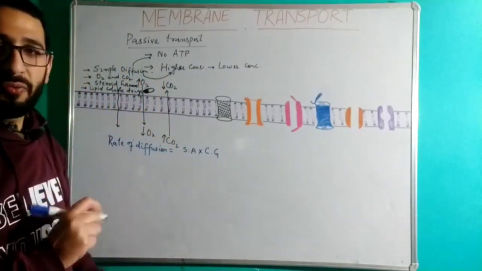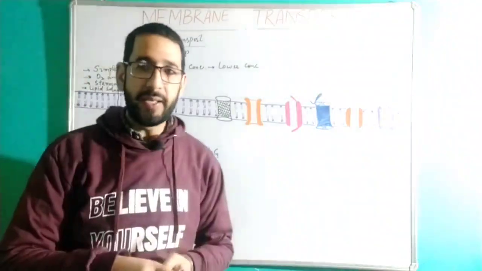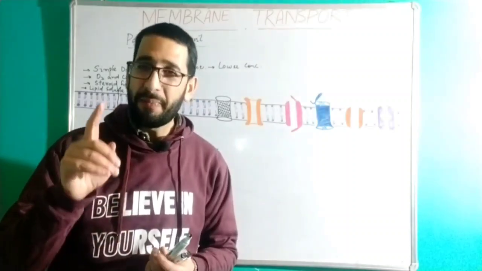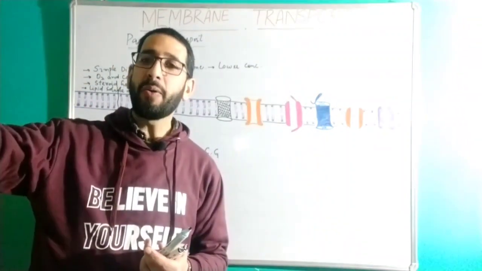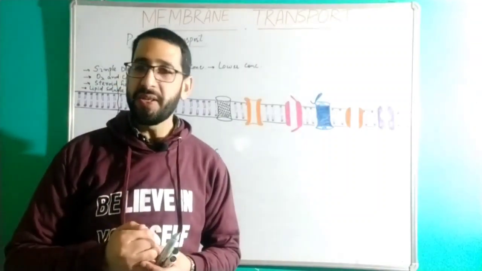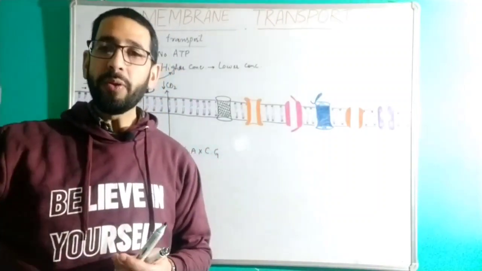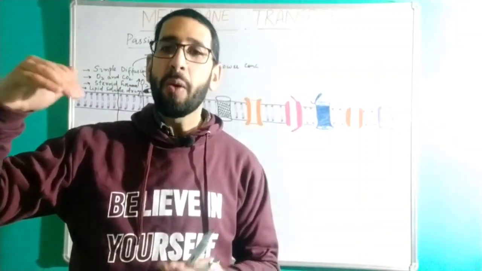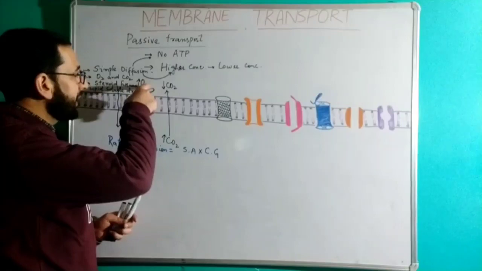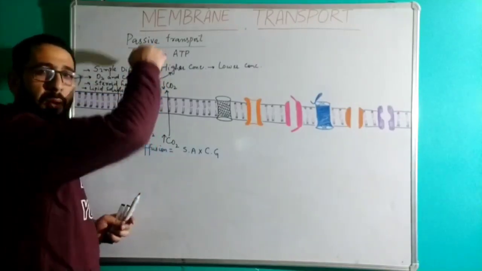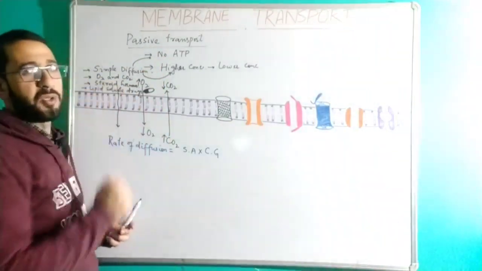Concentration gradient, we have already talked about it, because in passive transport we are transporting the substances from higher concentration to lower concentration, and definitely the more the concentration gradient, the more will be the diffusion. That means the more the oxygen is present outside the cell, the more oxygen will get diffused into the cell.